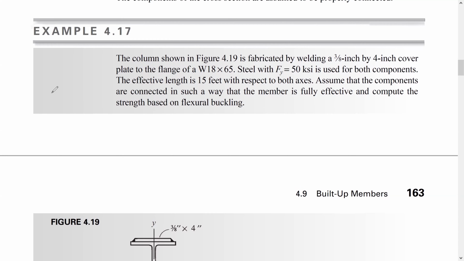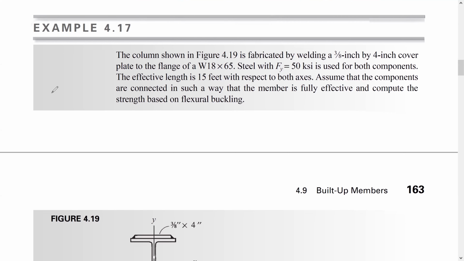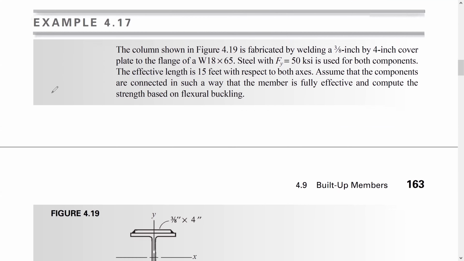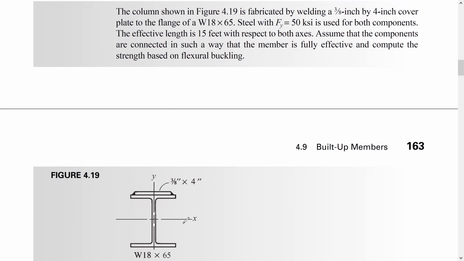So it's fabricated by welding a 3/8 inch by 4 inch cover plate to the flange of wide flange 18 by 65, okay, which is this one, guys. So this is the cover plate, 3/8 by 4 inch. 3/8 is the thickness, 4 inch again is the width, okay? And this one is wide flange 18 by 65.